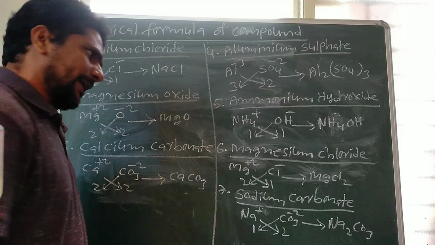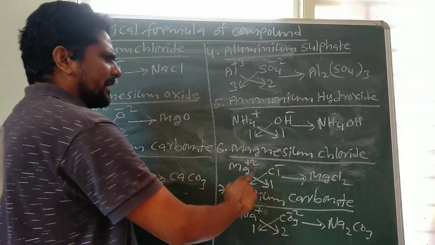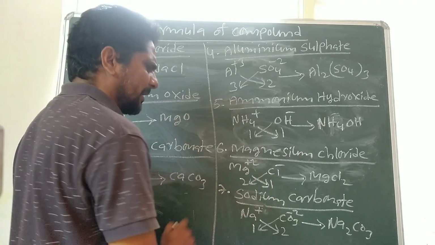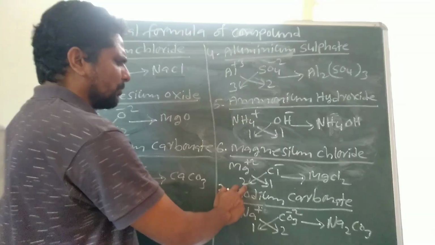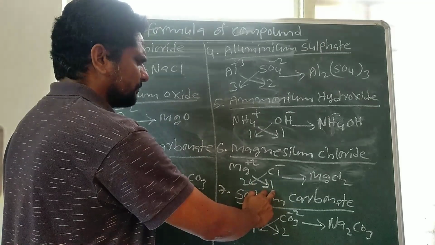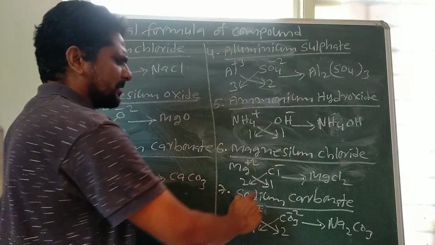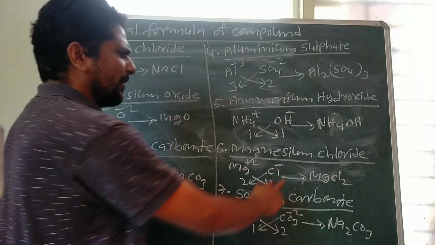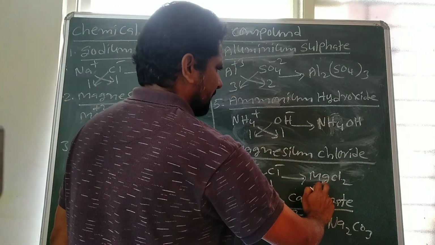Magnesium chloride. Magnesium chloride consists of two radicals, magnesium radical and chloride radical. Charge on magnesium 2, charge on chloride 1. These charges are crisscrossed to form MgCl2. So the chemical formula of magnesium chloride is MgCl2.